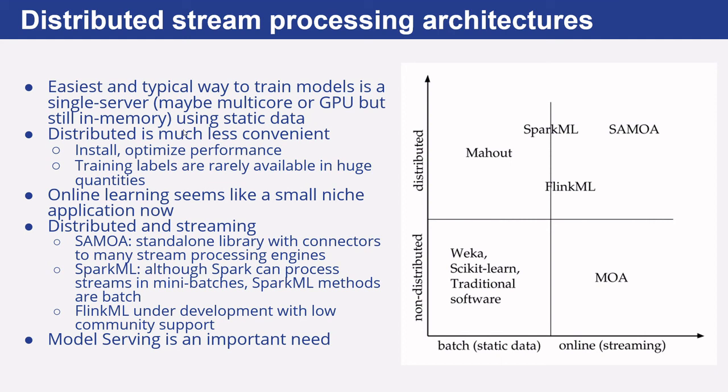Non-distributed online streaming is the MOA library, which was extended to distributed systems by adding connectors to the Samoa library. Certain older systems, for example Mahout, process in a distributed manner but with static data, and the niche applications Spark and especially Flink work in the area of distributed and moving towards streaming applications.